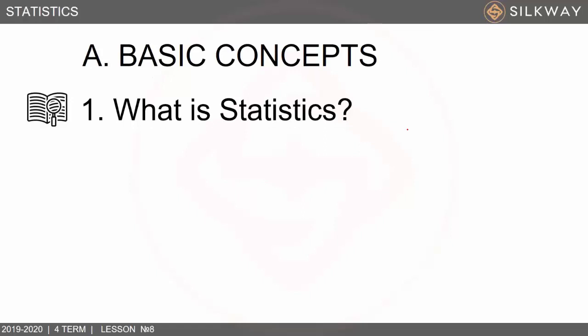Okay, what is statistics? Statistics is a science of collecting, organizing, summarizing, and analyzing data, and drawing conclusions from this data. Statistics is a discipline that evaluates the reliability of numerical information, called data.